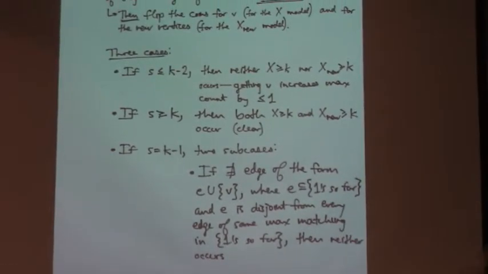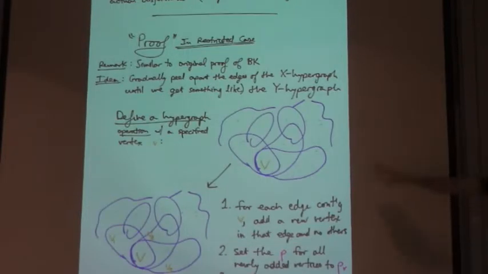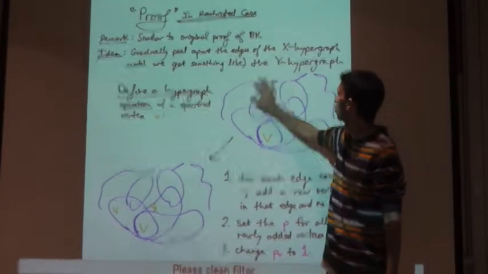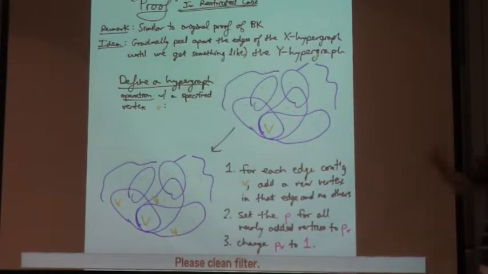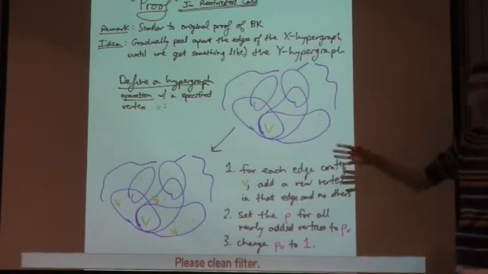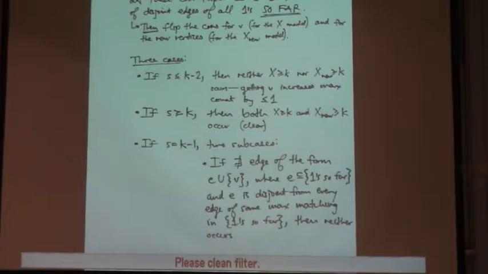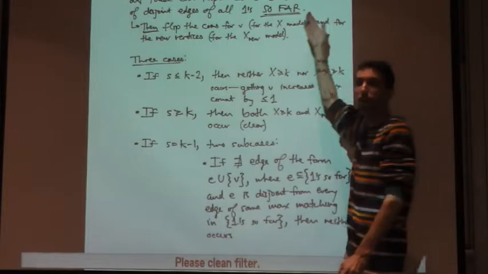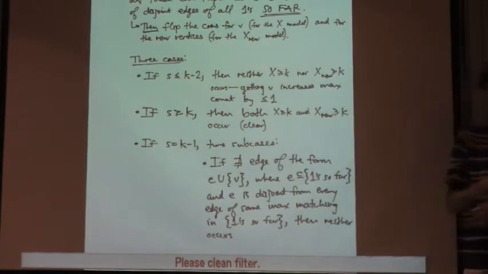Similarly, if S is at least k, meaning that by flipping these coins out here I can already find k pairwise disjoint edges of all ones, then both x and x new are at least k, because once I flip the coins for V and the new vertices, my count certainly can't go down.